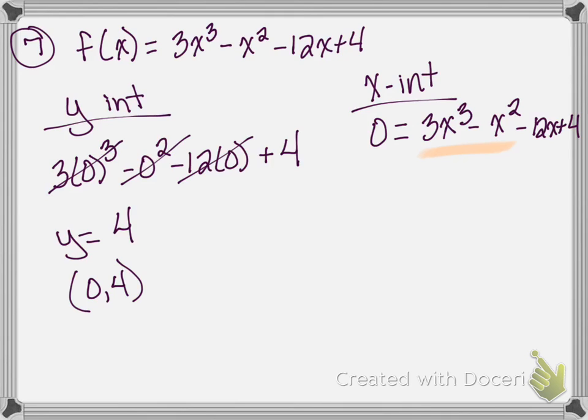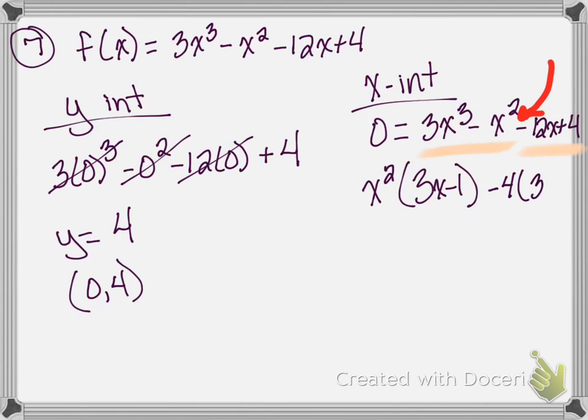The first 2, I can take out an x squared, and I'm left with 3x minus 1. The next 2, I can take out a negative 4. Do you see how I've got a negative sign right there? That gives me the indication that I need to pull out a negative. So I'm going to pull out a negative 4, and then I'm going to be left with 3x minus 1.